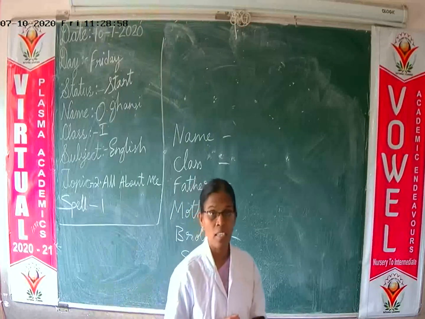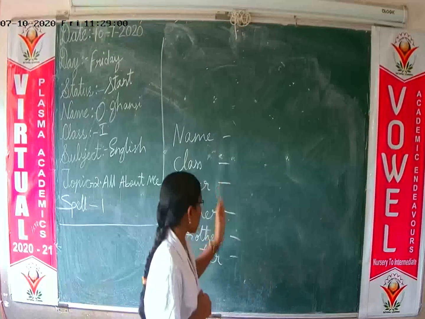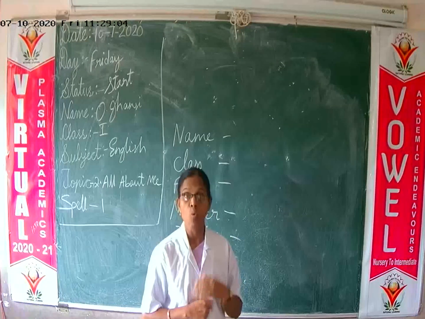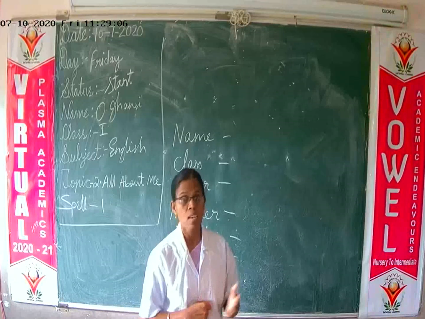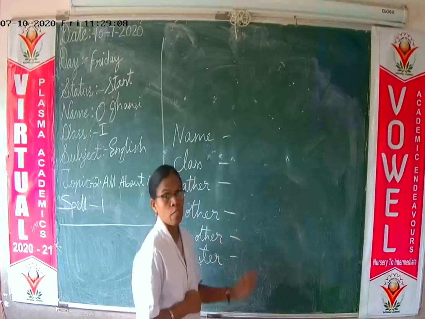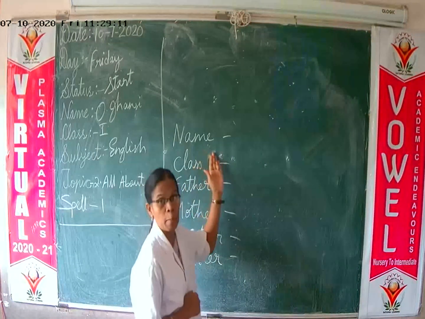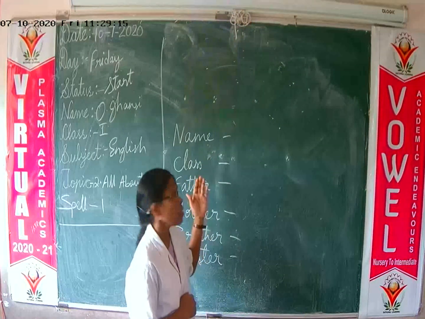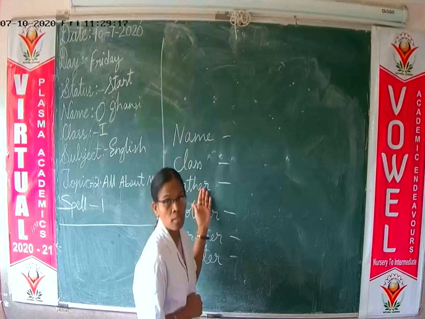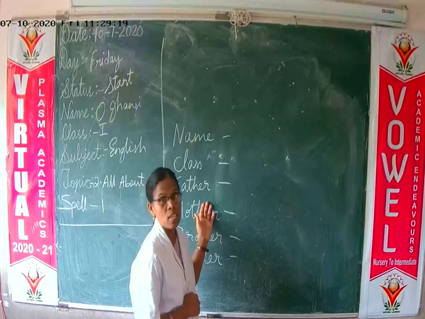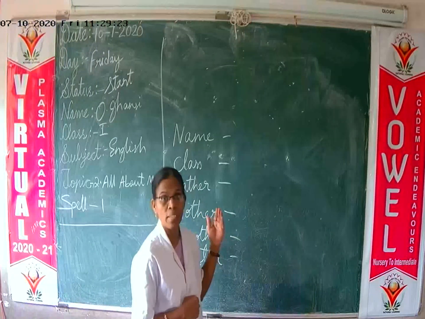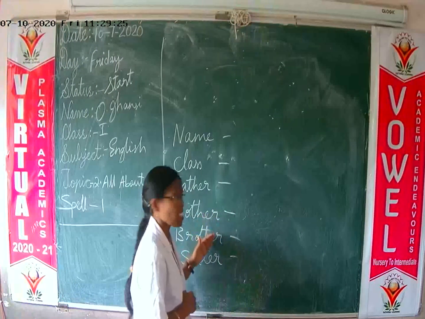So, this is how you have to introduce yourself. When you want to introduce yourself, start in this way. First, tell your name. Then, which class are you studying? Then, your parents, father, mother. What are their names? What do they do? Next, your siblings.